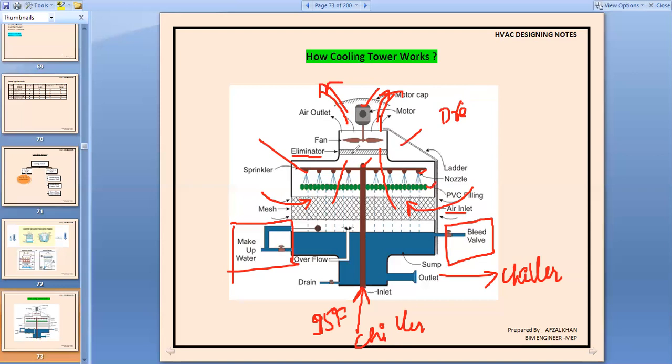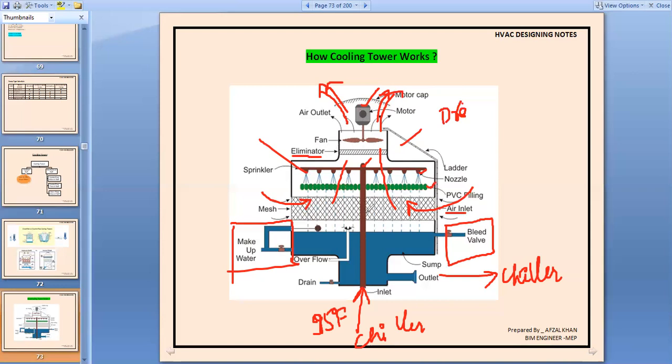If you do not install this eliminator, the water can go into the motor and the motor can jam. So for the safety of the motor, an eliminator is required, so that only the air can flow across it, not the water. This is the purpose of this eliminator.